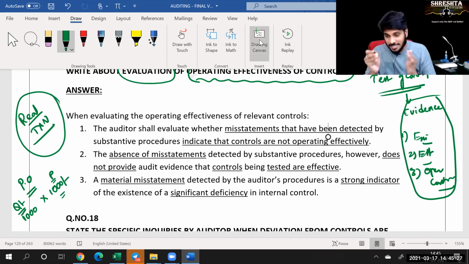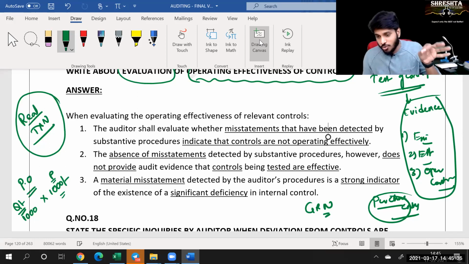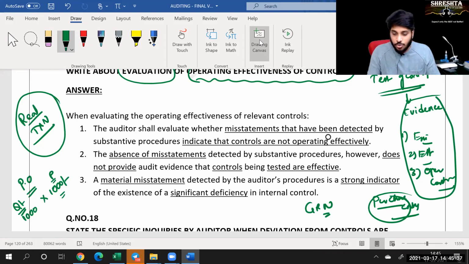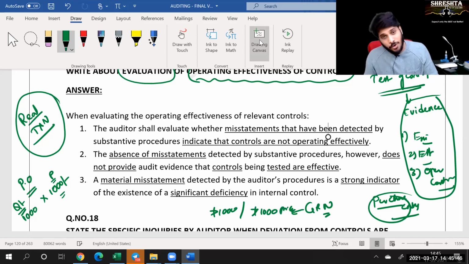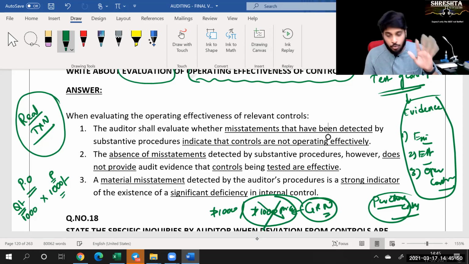When I'm entering a purchase entry, or issuing a GRN, goods received note, the goods received note shall not accept more than 1000 quantity and shall not accept more than 1000 price. Suppose the goods received note has a quantity control but no price control.